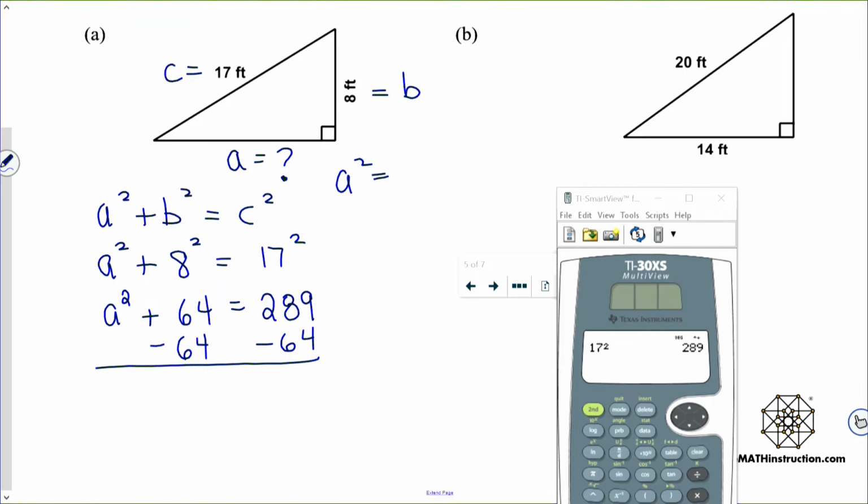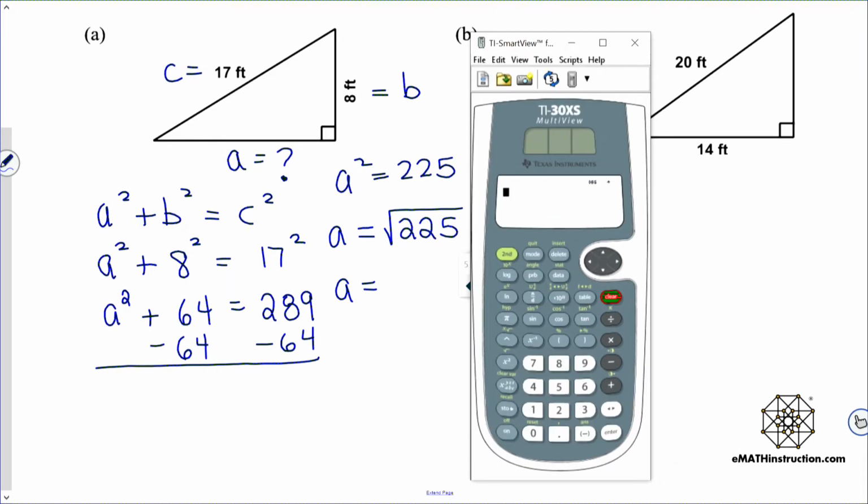And I'll get A squared is equal to 225. All right, and now I take the square root. The only additional step is throwing in that subtraction, and then I do the same thing I did before. I take the square root of 225, and I find that A must be 15 feet.